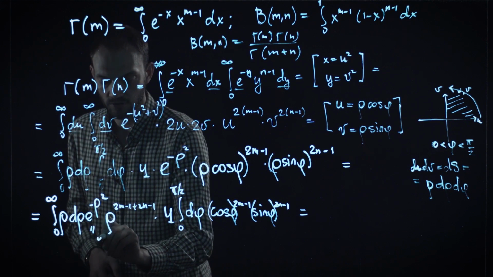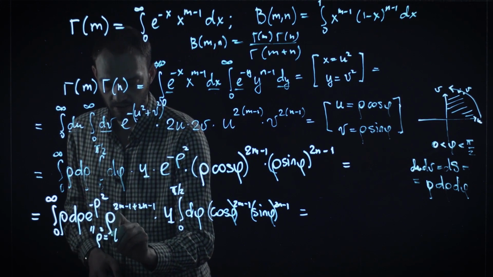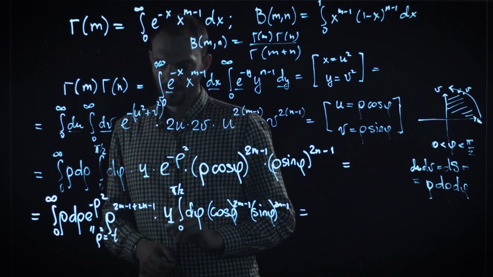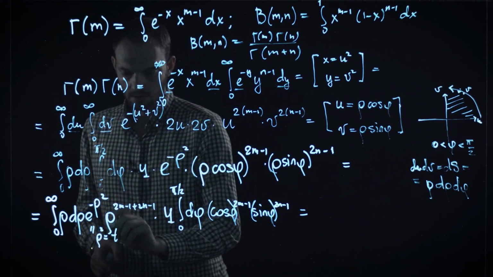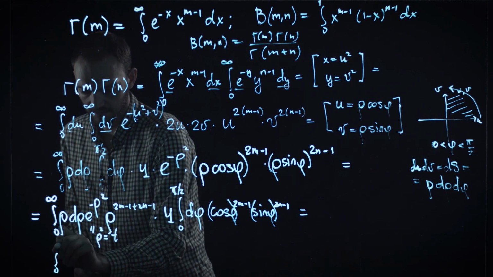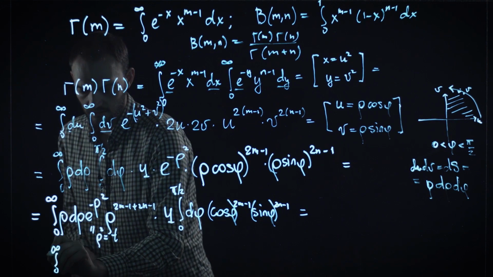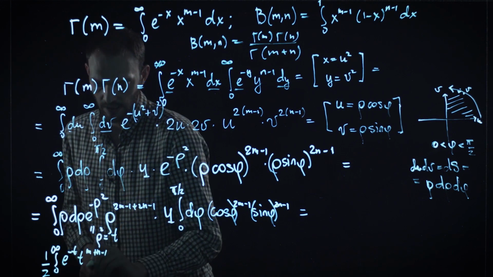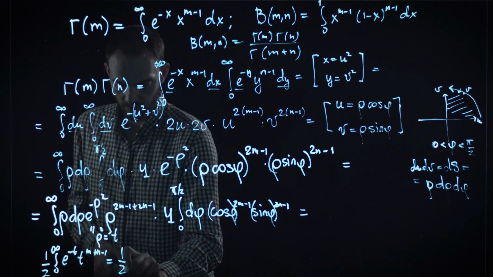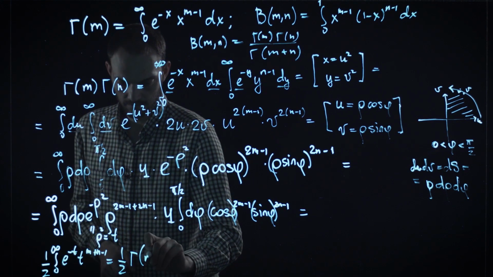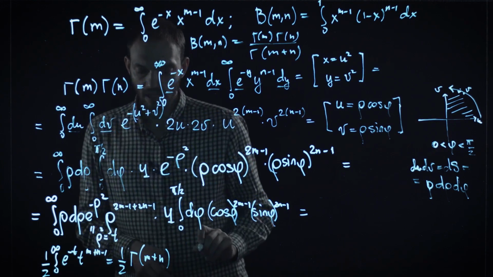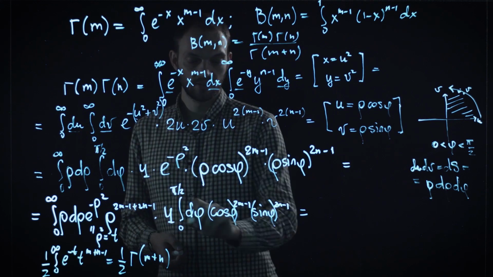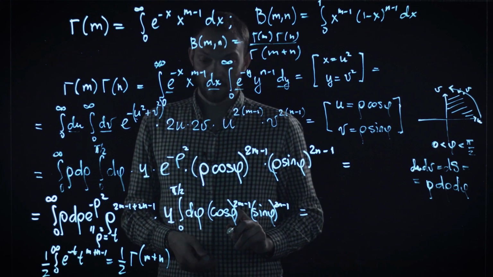By introducing a new variable, rho squared equal to t, we immediately realize that this is nothing but an integral from 0 to infinity, and this is exactly just 1/2 of the gamma function. And we are left with the remaining integration over phi.